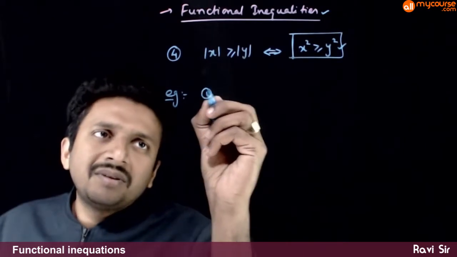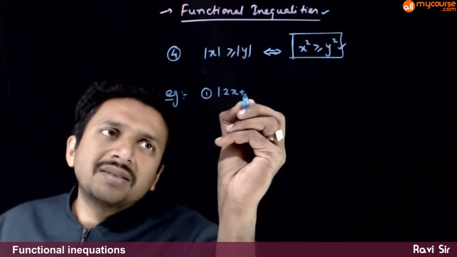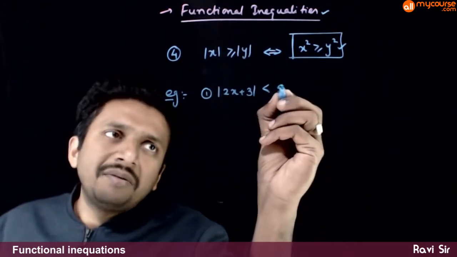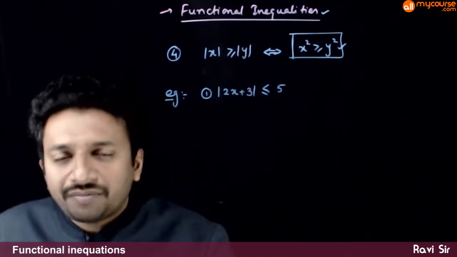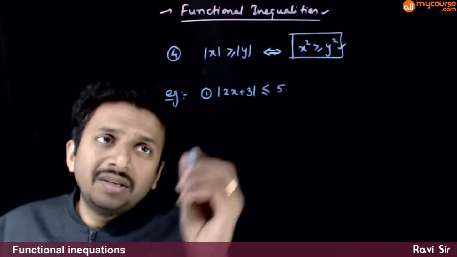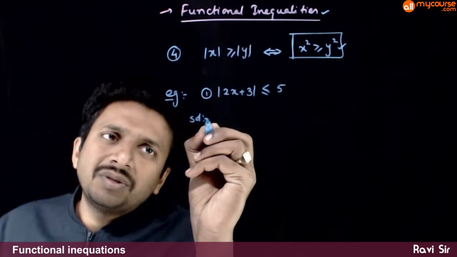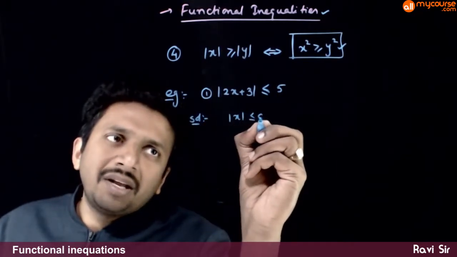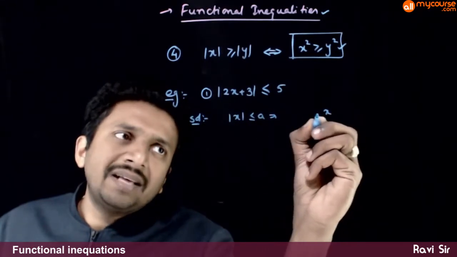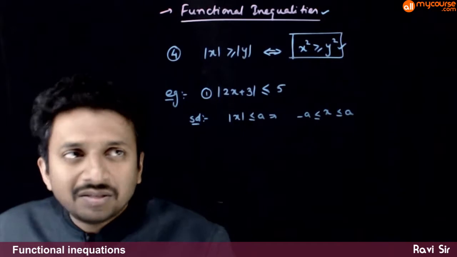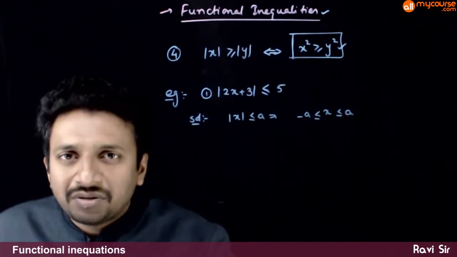First, mod of 2x plus 3 is less than 5, or less than or equal to 5. You are asked to solve this inequality. So how do you solve it? Let us use our basic concepts. If mod of x is less than or equal to a, this implies x is in between minus a and plus a. This is the statement that we have understood.